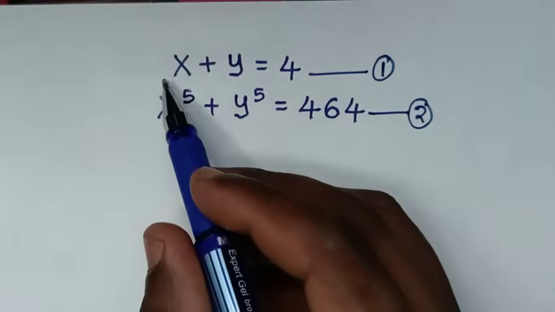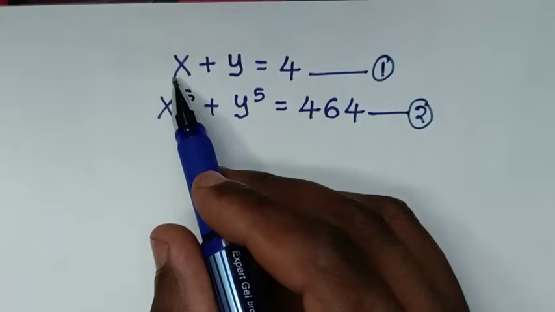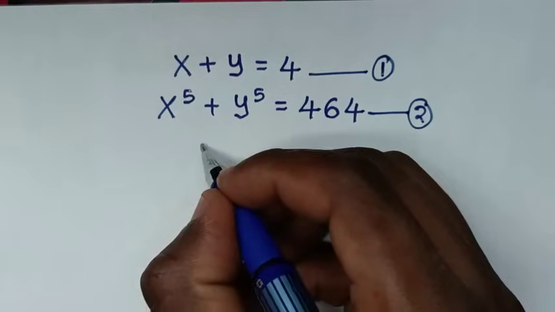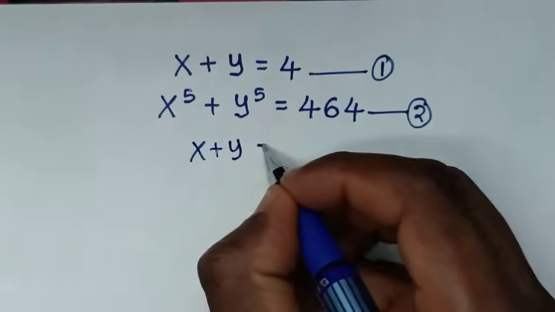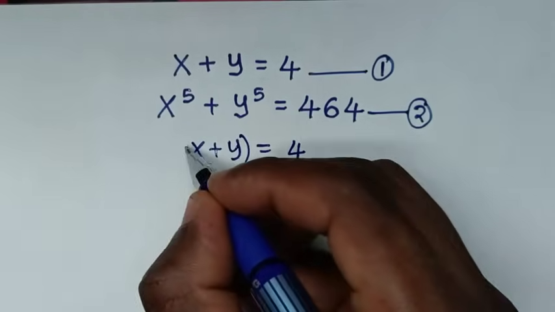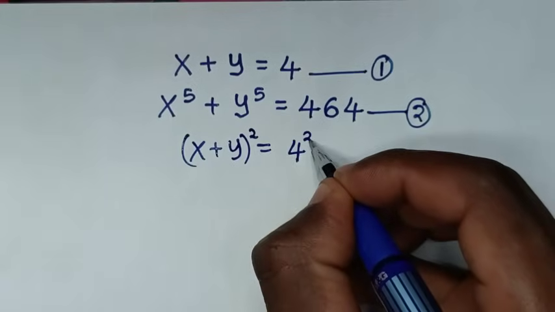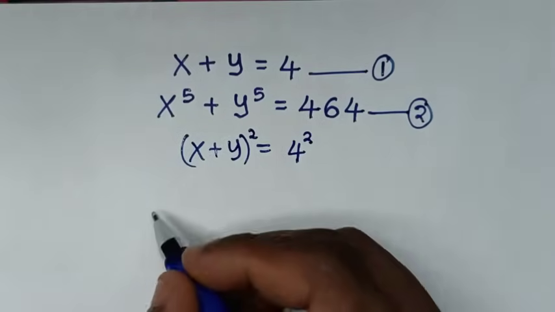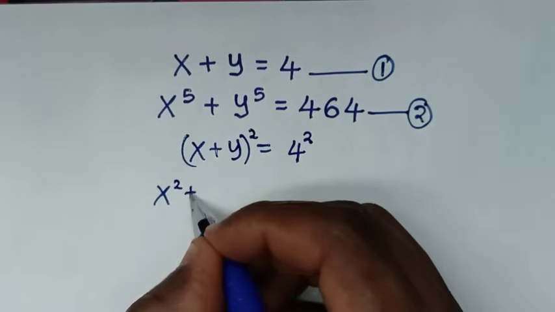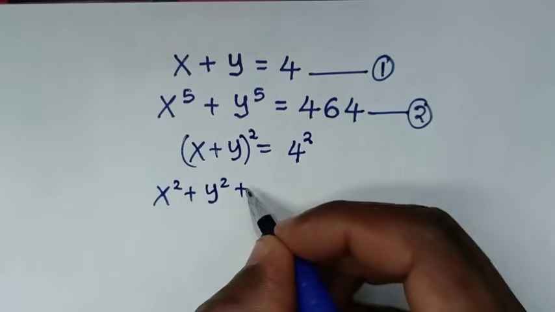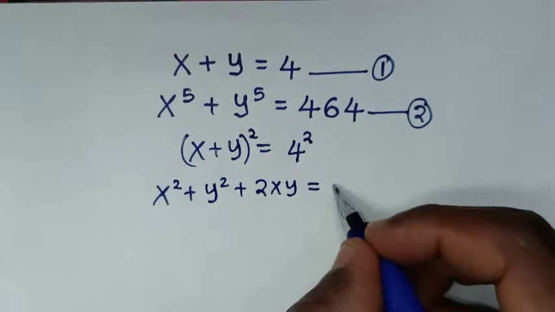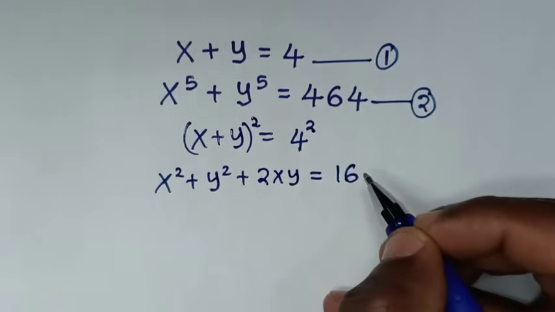Then, from equation 1, we will square both sides. So from this first equation, x + y = 4. Then we square both sides. To expand (x + y)^2, it is x^2 + y^2 + 2xy = 4^2, which is 16.